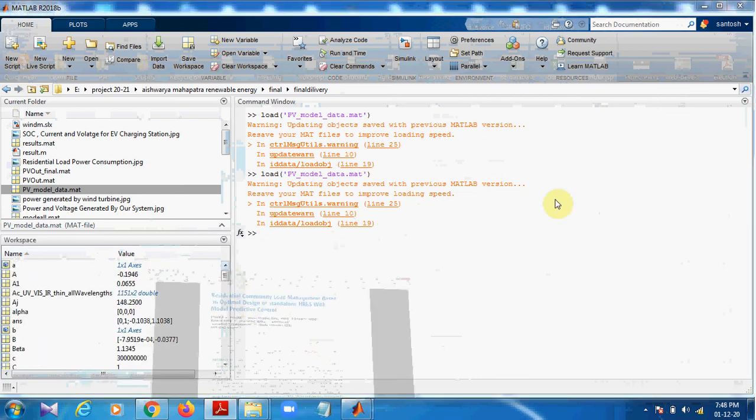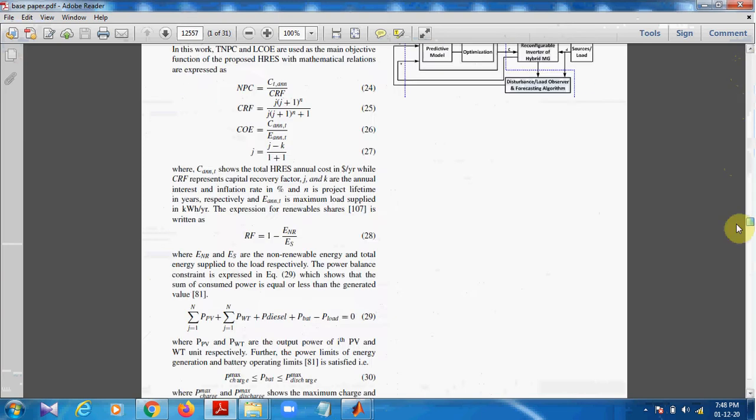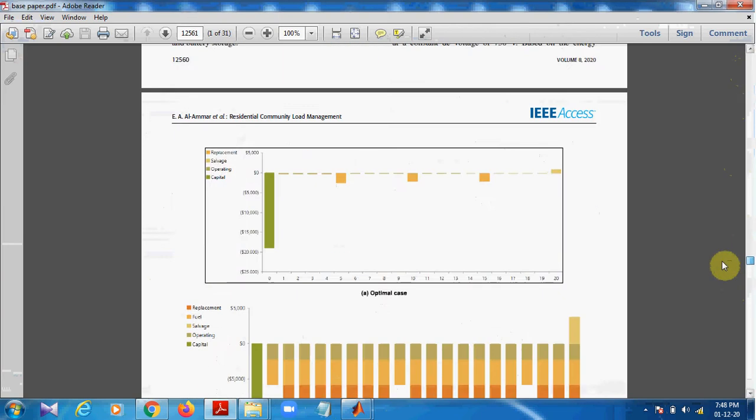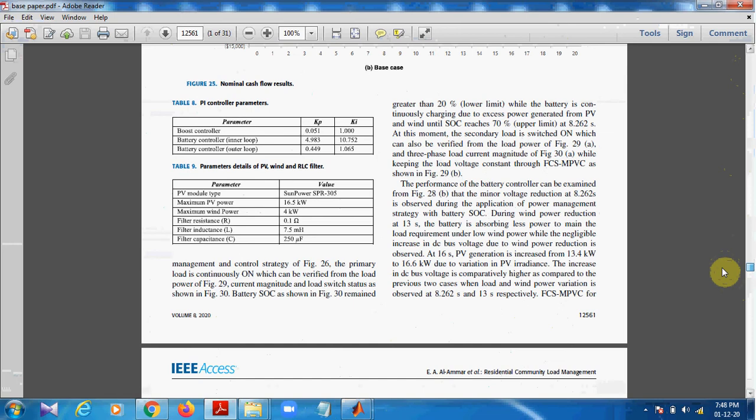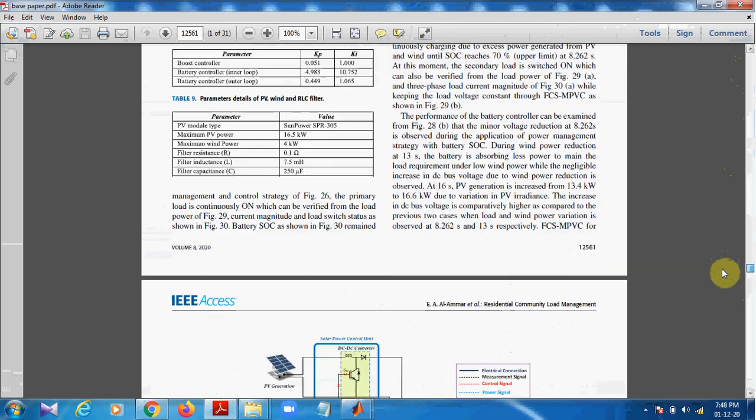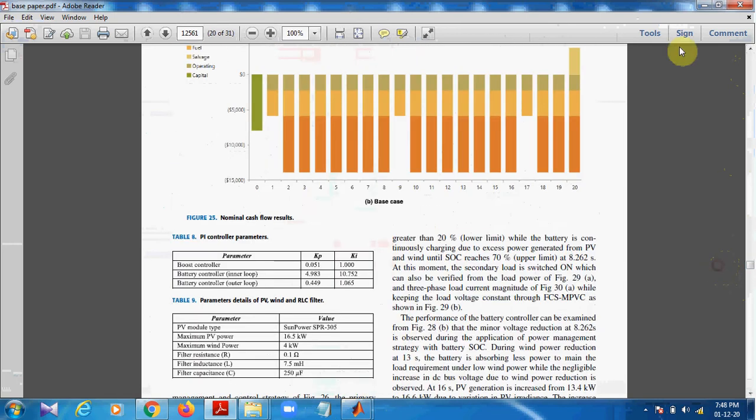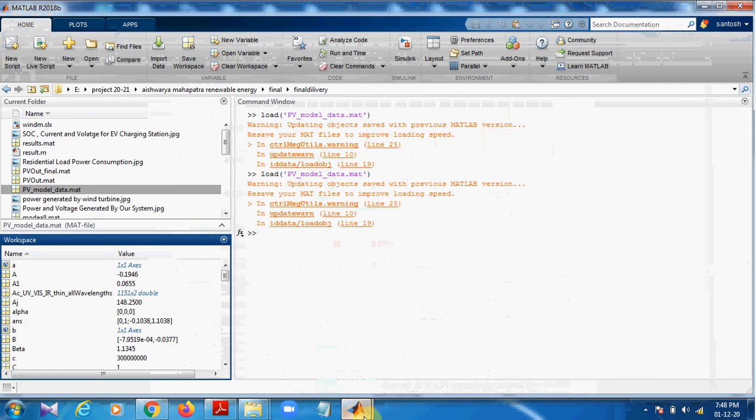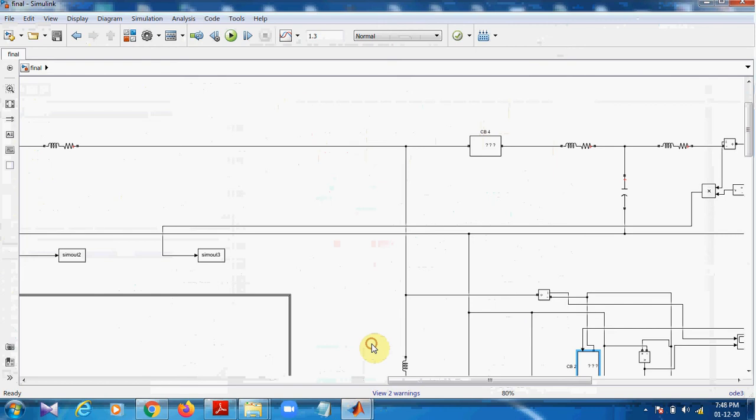These values were specified in this paper in various sections, like different characteristics like KP, KI, maximum power, wind. These properties were converted into this PV model data.mat file. Once we load that mat file, we have to run the simulation. Once we run the simulation, it will first compile the outcome.